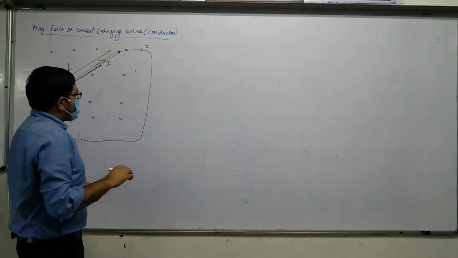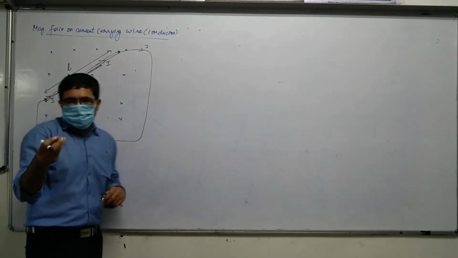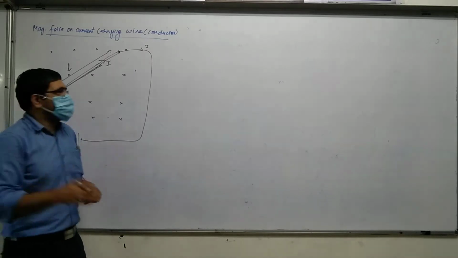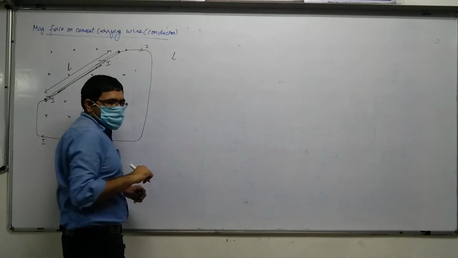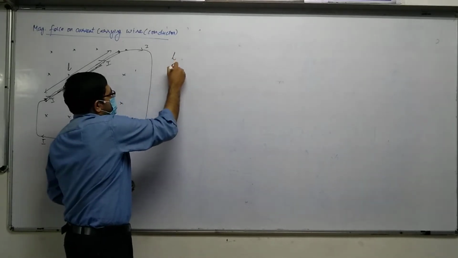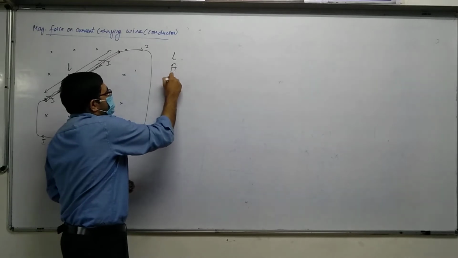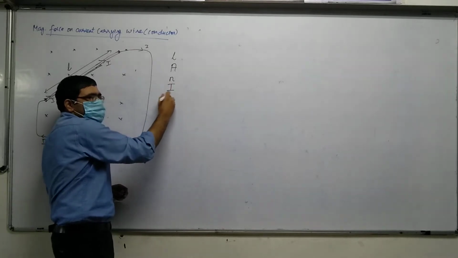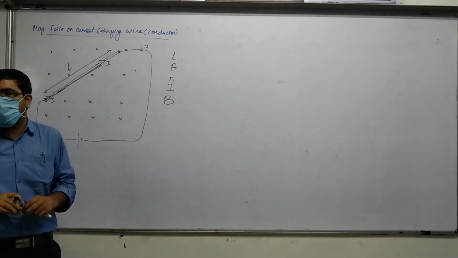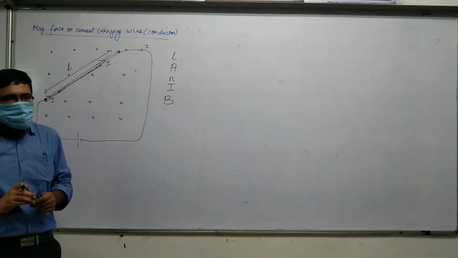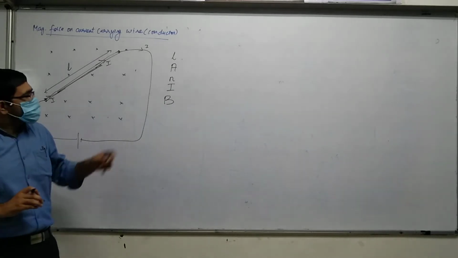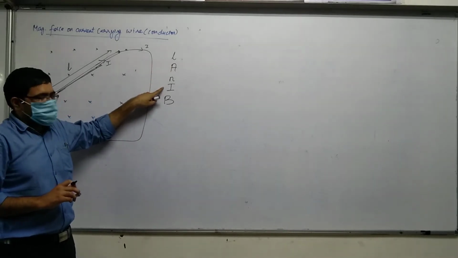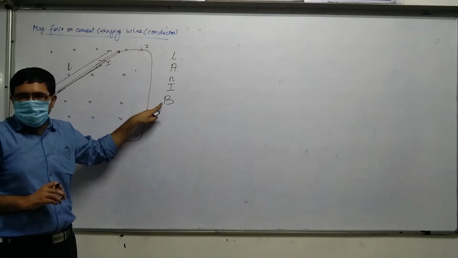Now, we have to write some standard things. Let the length of the conductor or the wire be L, cross sectional area be A, number density of free electrons be n, current flowing in the wire be I, and the uniform magnetic field in which it is placed be B. So length, cross sectional area of wire, number density of free electrons, current flowing through the wire, magnetic field.